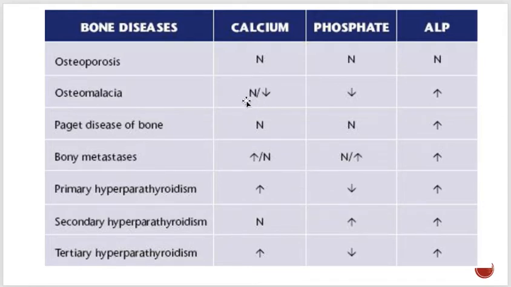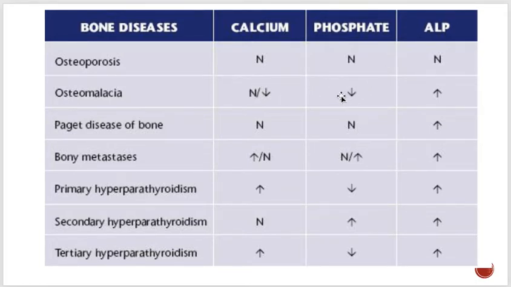So that's why it is written normal or decreased. And when the PTH is there, of course it is going to reabsorb more and more calcium from the bone, and more and more calcium from the kidney, and when it does that, it is going to throw out more and more phosphate.